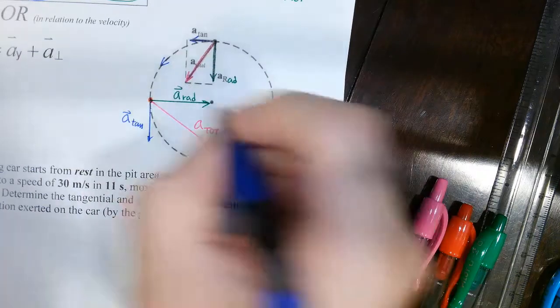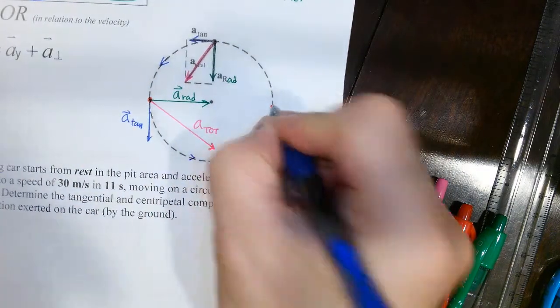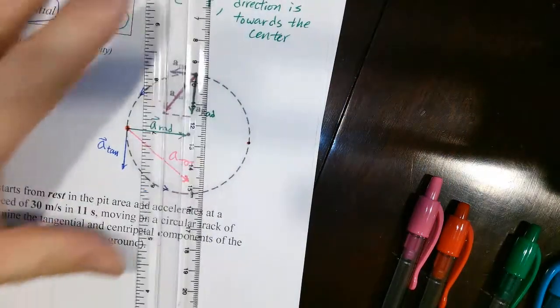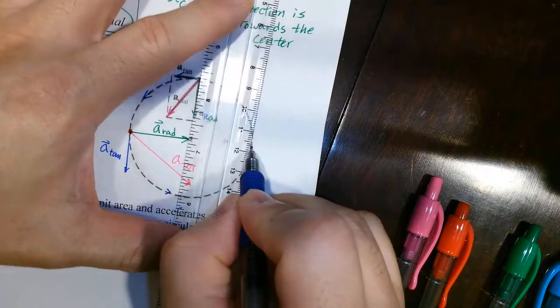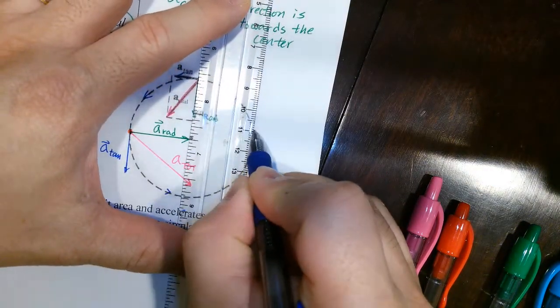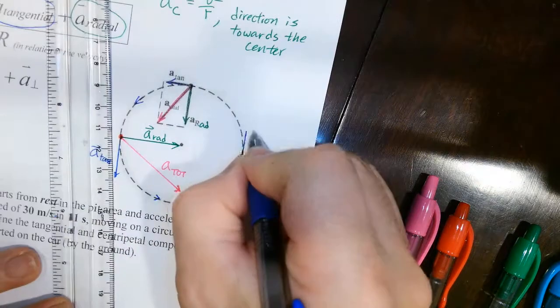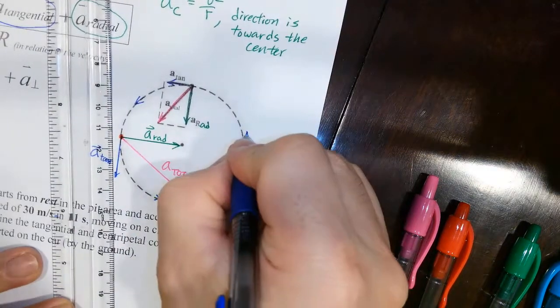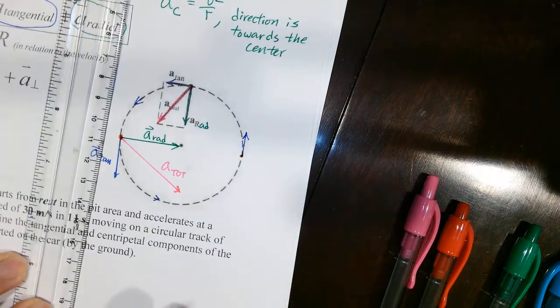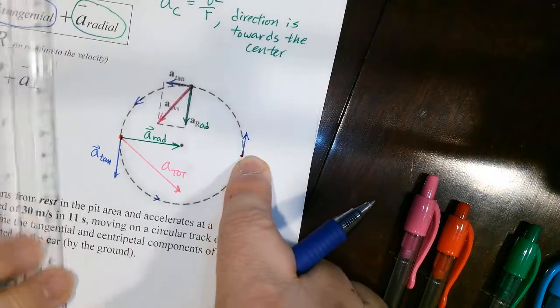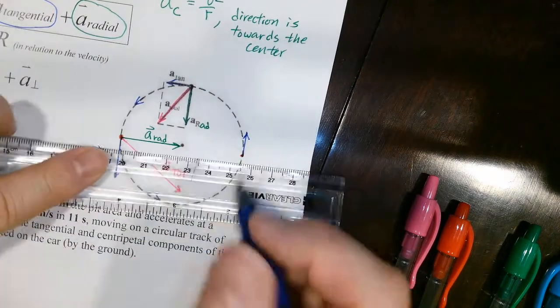In that case, if this were here, it would be the same magnitude as that. That means my acceleration is constant now, but speed would be changing.